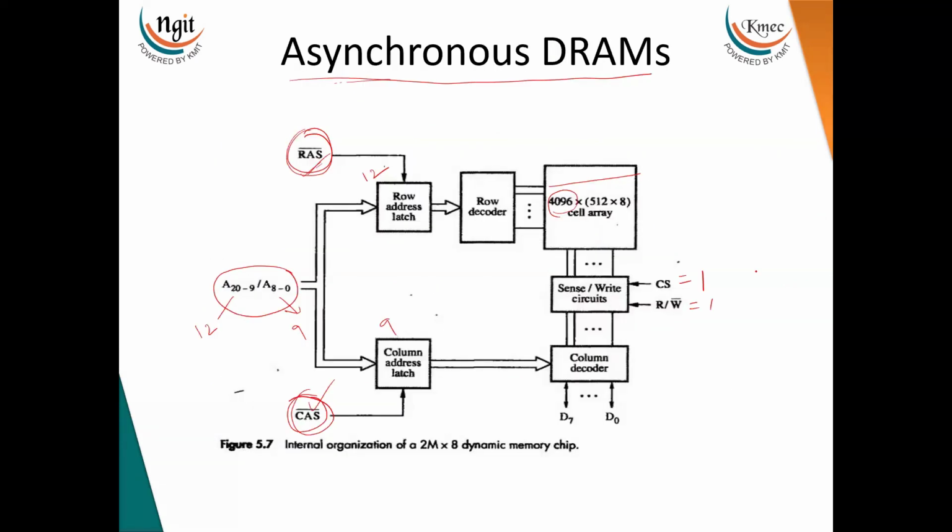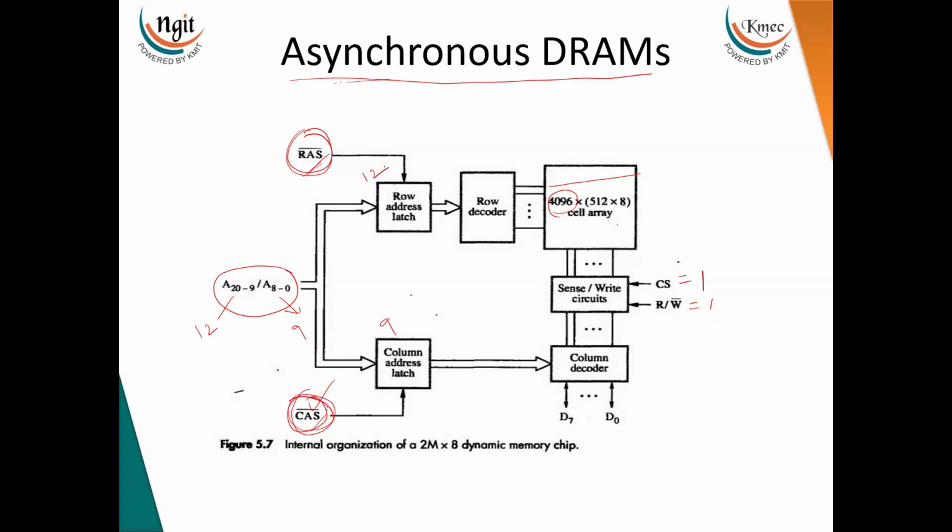Now, depending upon the column address and the CAS signal, first we give the CAS signal for the first column in the row, and that data is placed on the data bus. Once again we give the CAS; there is no need to give the RAS signal and row address, since once the row is selected, that is done. Only for the column we have to give the CAS bar signal. The second time, it will place the second location's content onto the data bus.